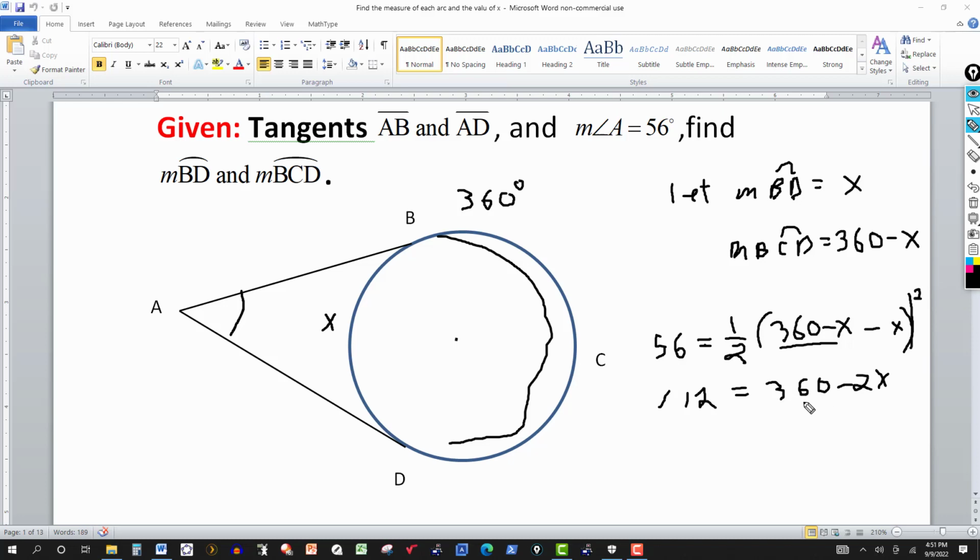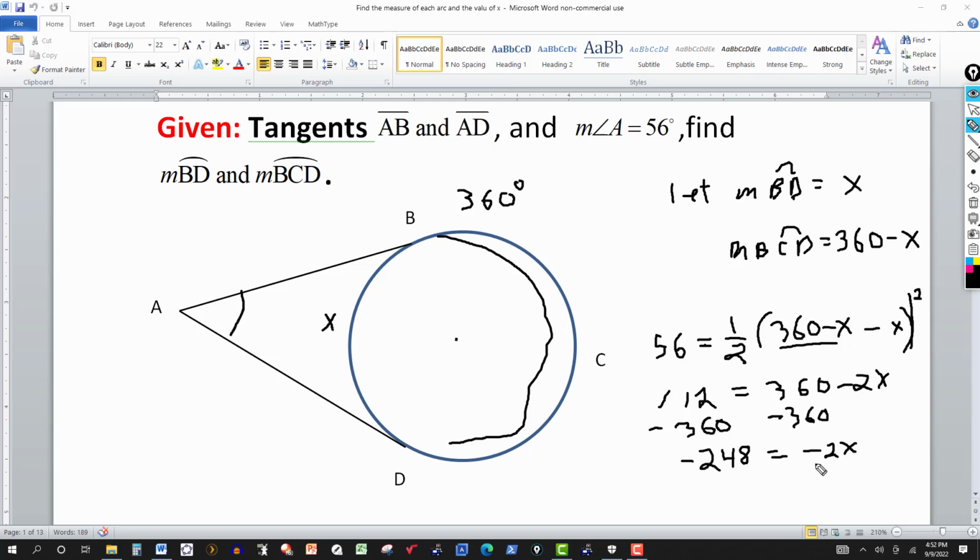And then we isolate the term with the X, the minus 2X. So here I'm going to add a minus 360 to both sides. So we get 112 minus 360, which is minus 248. And of course 360 minus 360 cancels. I'm left with the minus 2X over here.